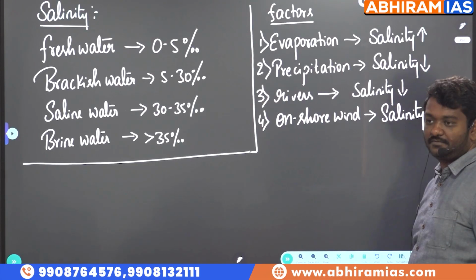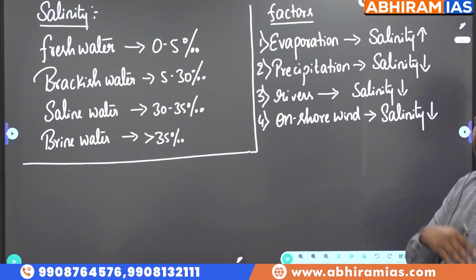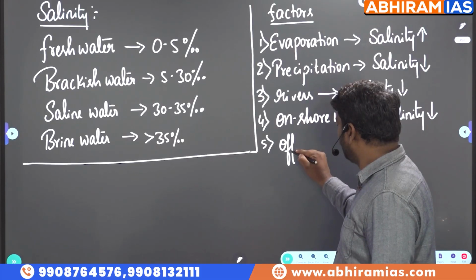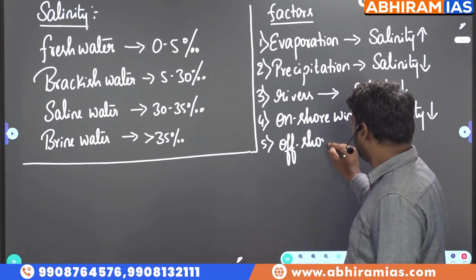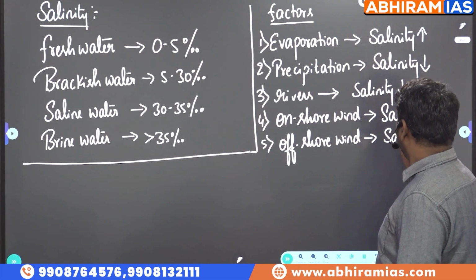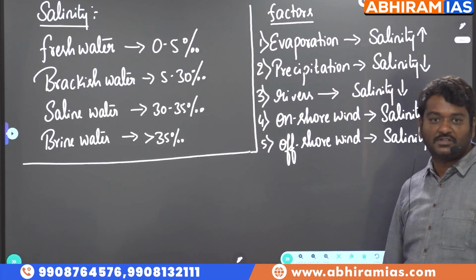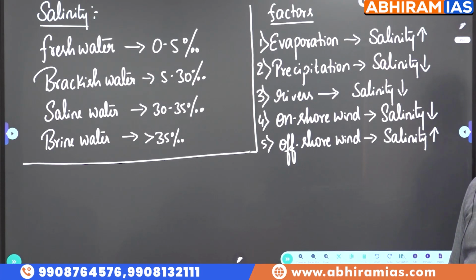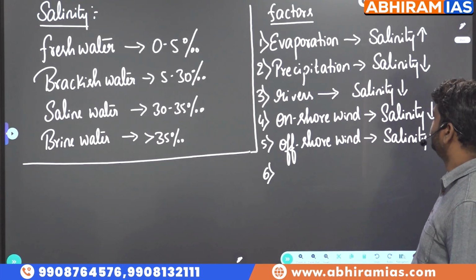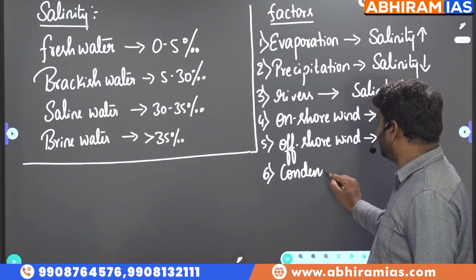When it comes from sea to land, it deposits salts into the land. Offshore winds, increases because they add sediments into the water. Condensation, that is formation of glaciers.